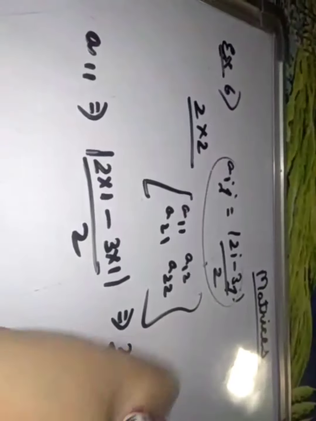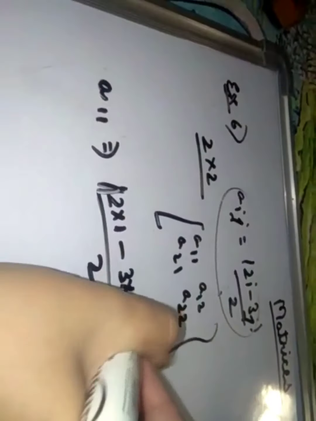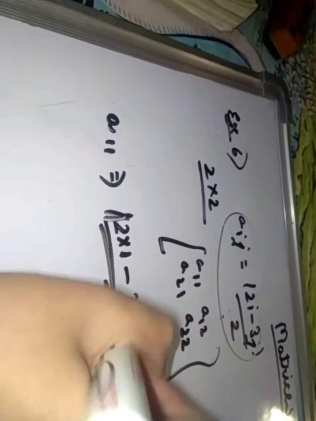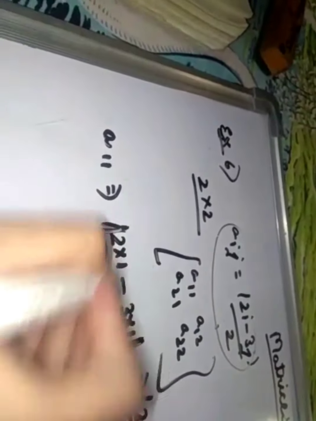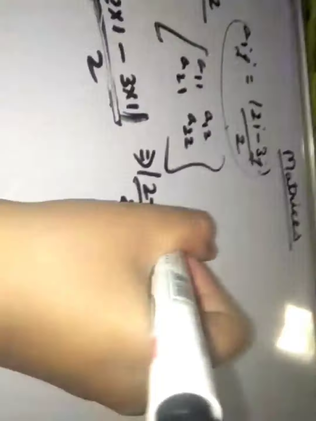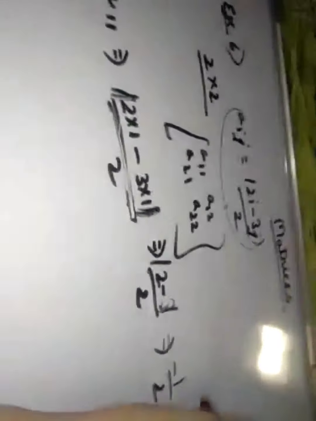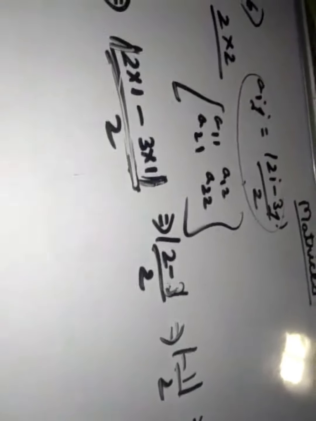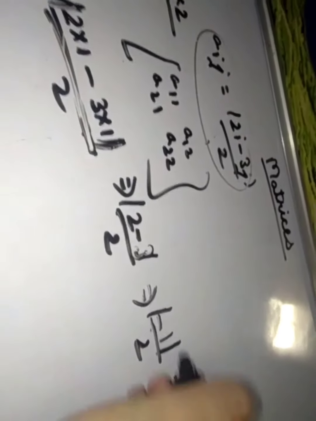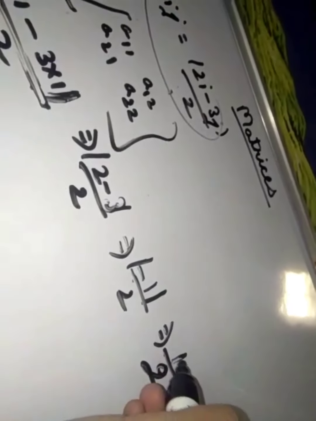2 minus 3 upon 2. This is the sign. Here the sign is negative inside, but we have to make the answer positive. Minus 1 by 2, but since the modulus sign is there, the answer is not minus 1 by 2, in fact 1 by 2.